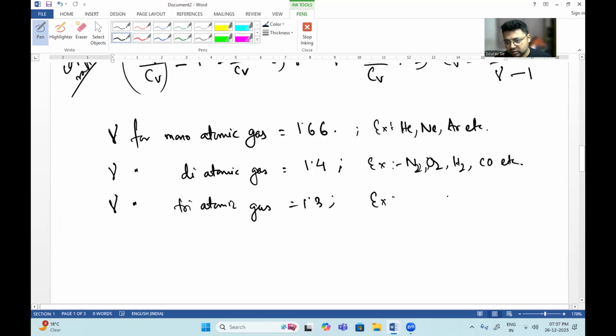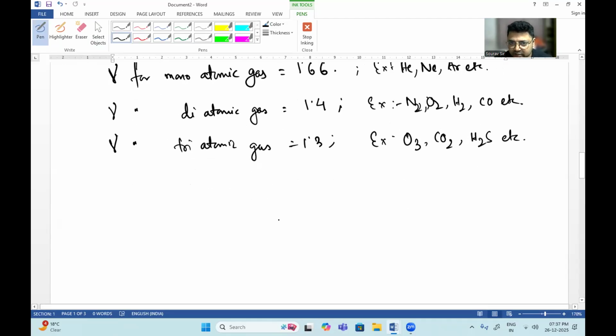Triatomic gases are ozone, carbon dioxide, water vapor, or hydrogen sulfide gas. So these are the values of heat capacity ratios for monoatomic, diatomic, and triatomic gases.